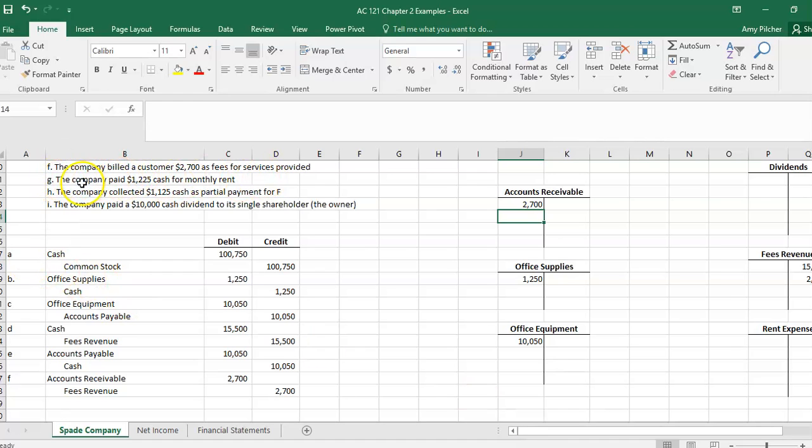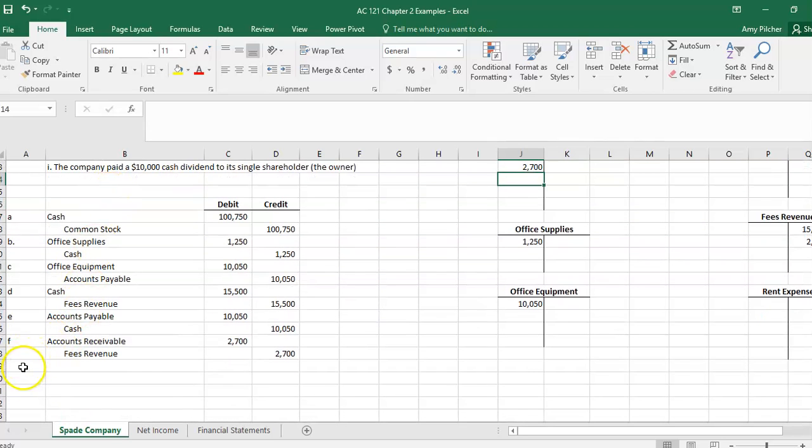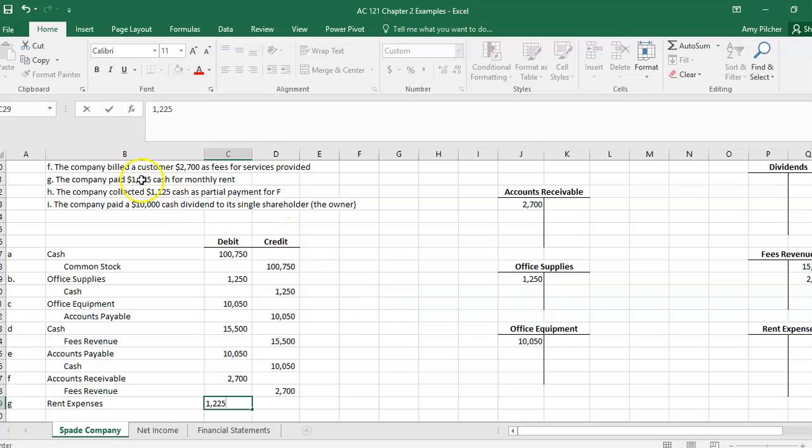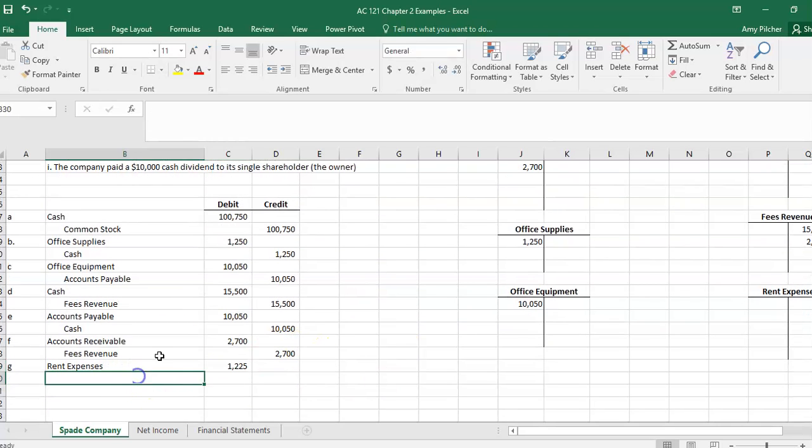Transaction G. The company paid $1,225 cash for monthly rent. We're going to record a rent expense. We debit expense accounts when we record them, and we reduce cash. $1,225.